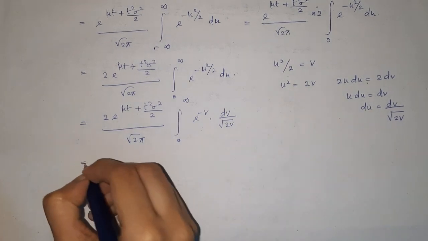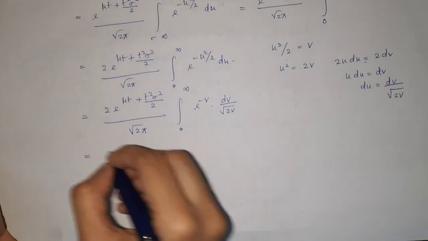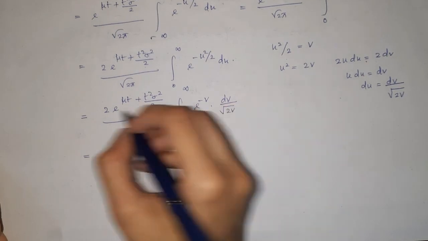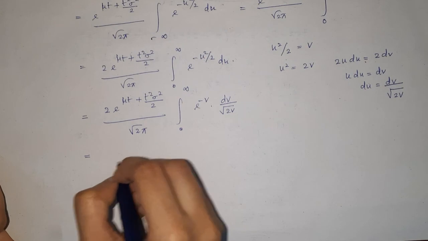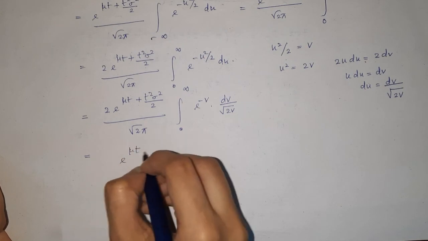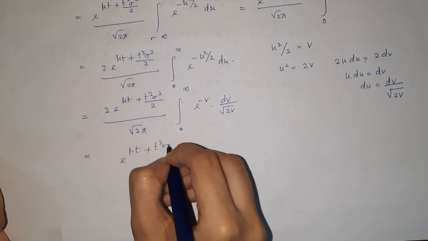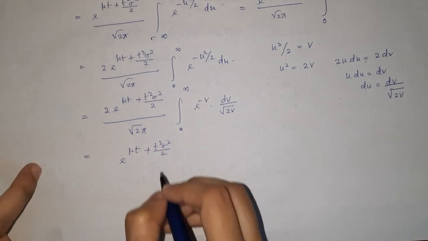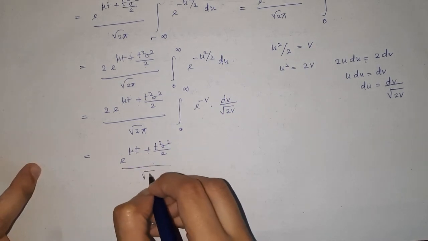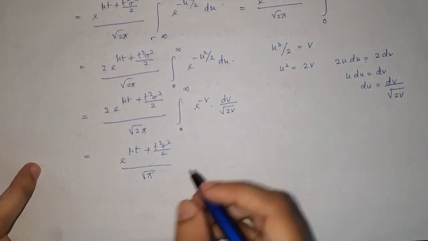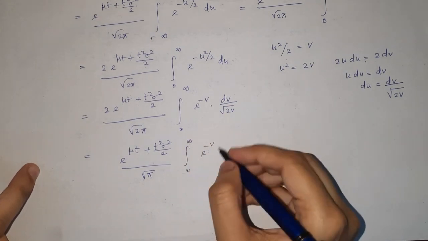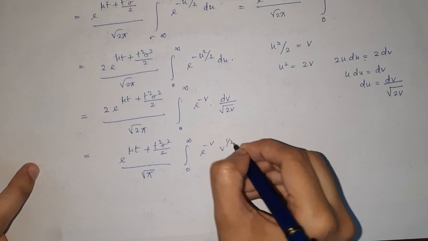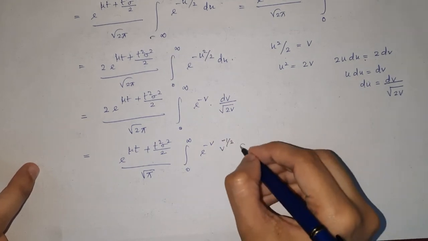So this root 2, this 2 and this root 2 get cancelled. So it will be e raised to mu t plus t square sigma square divided by 2, divided by root pi, into integrating 0 to infinity e raised to minus v and v raised to minus 1 by 2 dv.